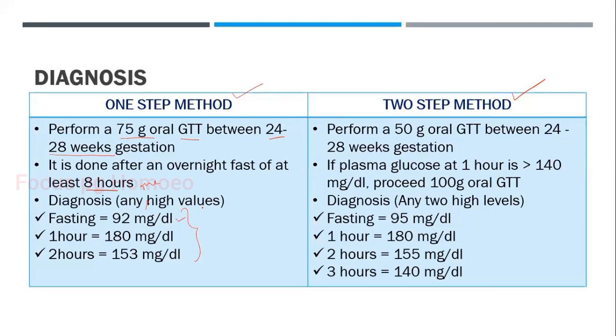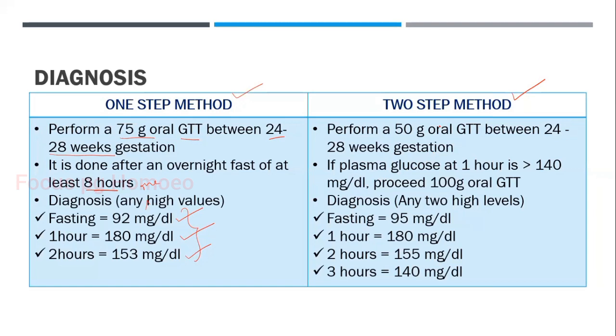So if fasting is more than 92, at 1 hour it is 180 milligram per dL, and at 2 hours it is 153 milligram per dL after giving 75 gram oral GTT, then if any one of them becomes high, it is diagnosed as gestational diabetes mellitus.